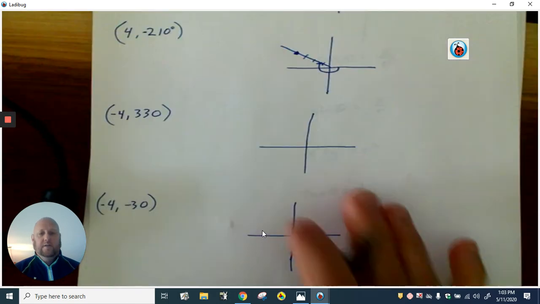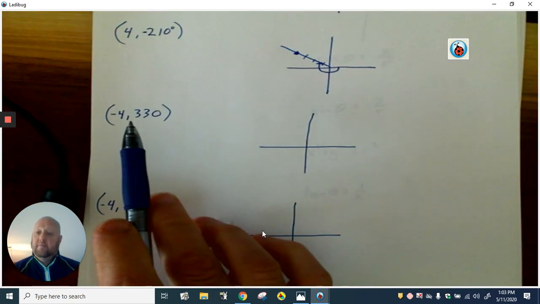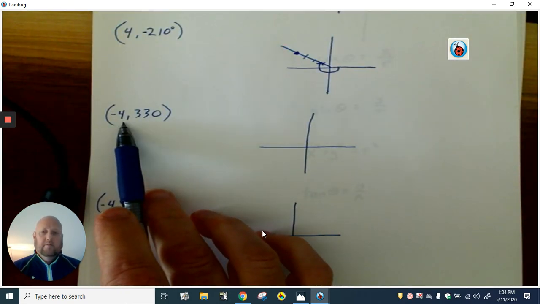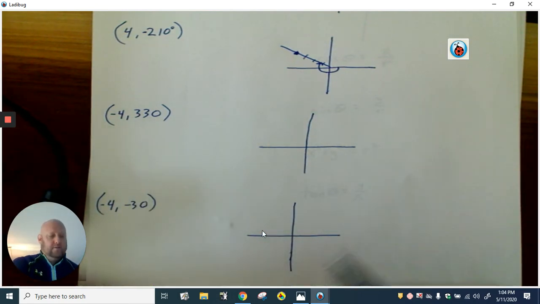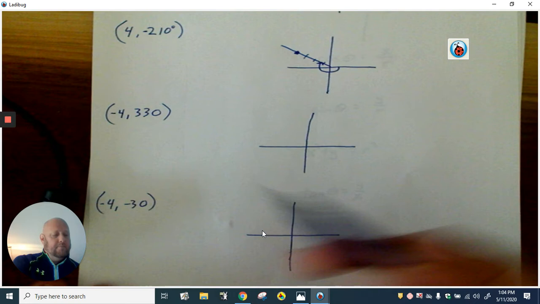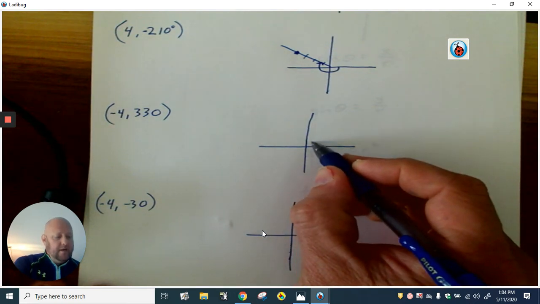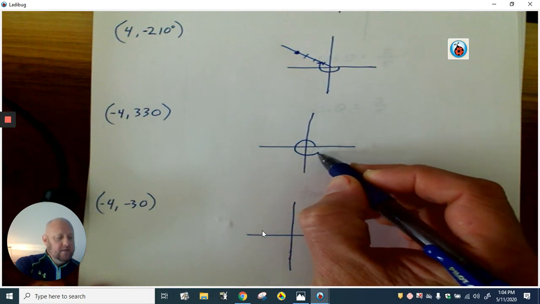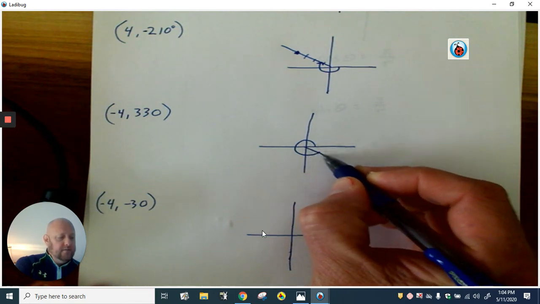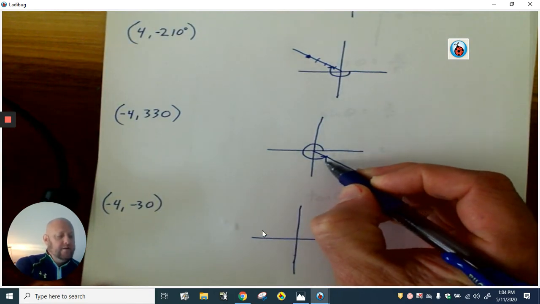And actually, you can now have what we call negative radii when you deal with the polar coordinate system. The only difference is we kind of walk backwards. So an example would be a 330-degree angle. We go almost all the way around, with a 30-degree reference angle.